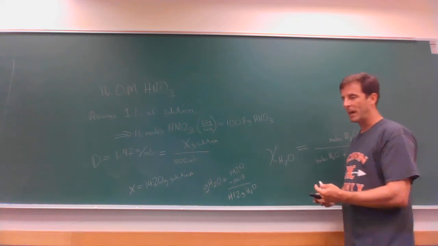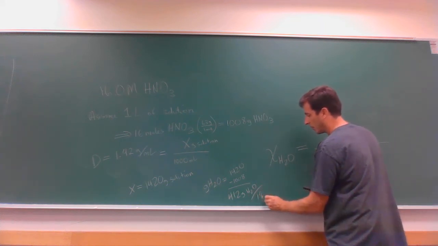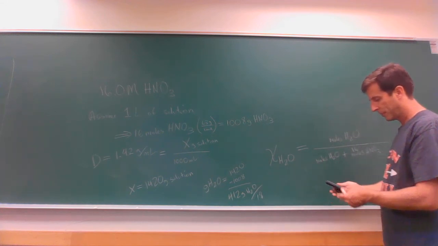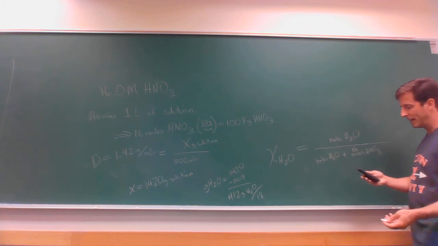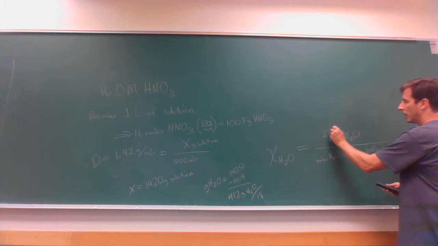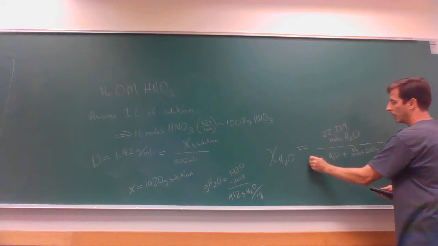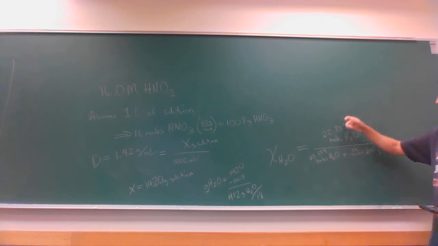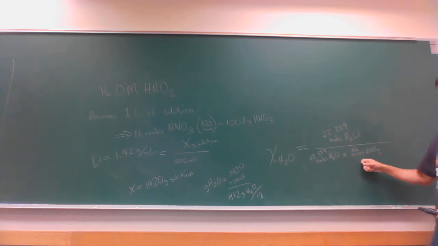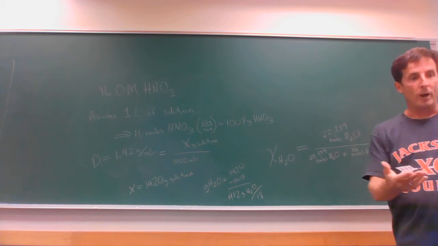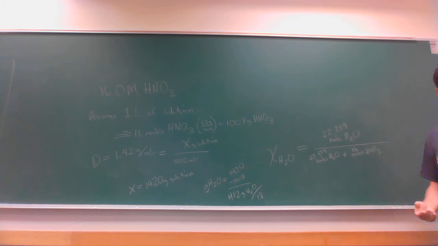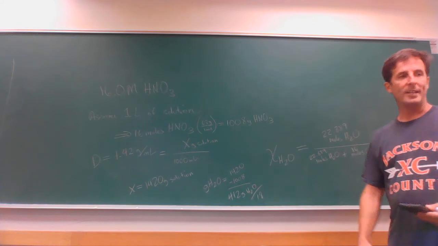I'm going to do 412 divided by 18, and I got 22.889. So I had 22.889 over 22.889 plus 16. We already saw on the slide that the mole fraction of water ought to be 0.589, so hopefully that works out. Looks about right. Okay, so that's the mole fraction.